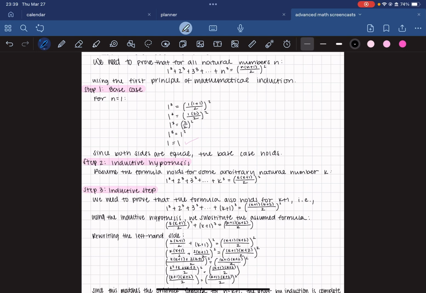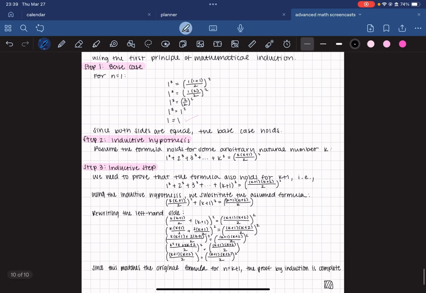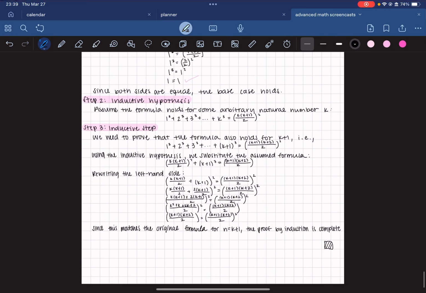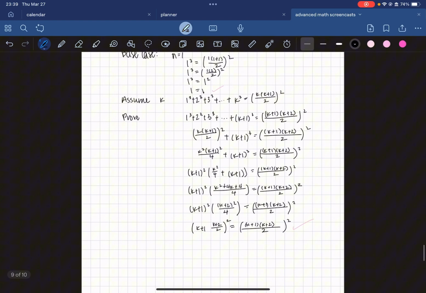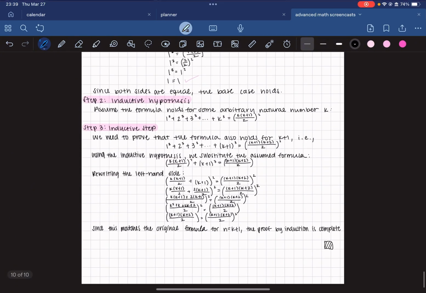And then we have our inductive hypothesis, so we assume the formula holds for some arbitrary natural number k, as seen. And then our inductive step is just all this math that we just showed up here. And since this matches the original formula for n equals k plus 1, the proof by induction is complete. Thank you.